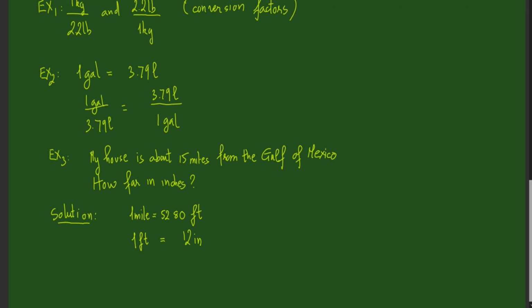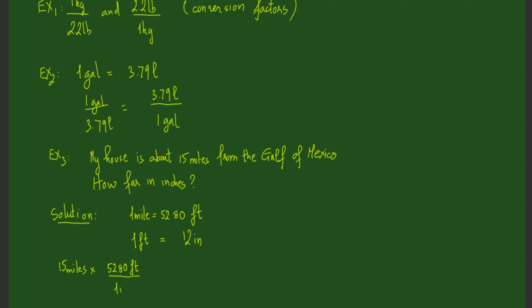Now I'm going to set up the conversion factor to convert to inches. We need to start from 15 miles. We multiply by the conversion factor so that we can convert the unit. So 5280 feet over 1 mile.